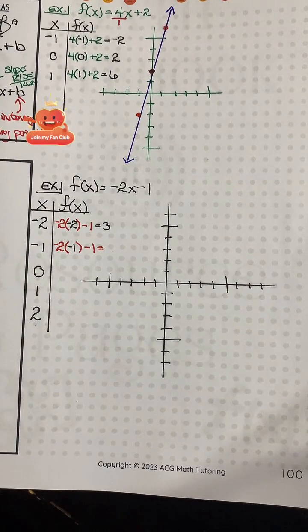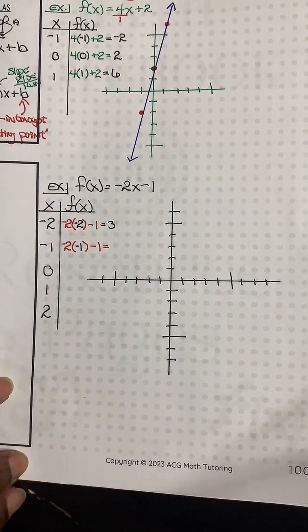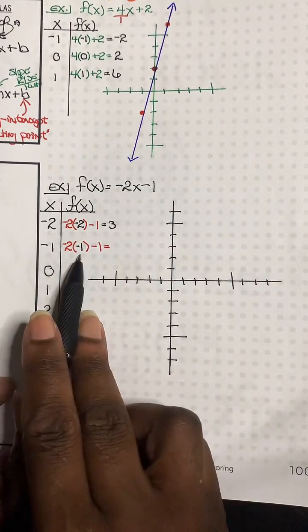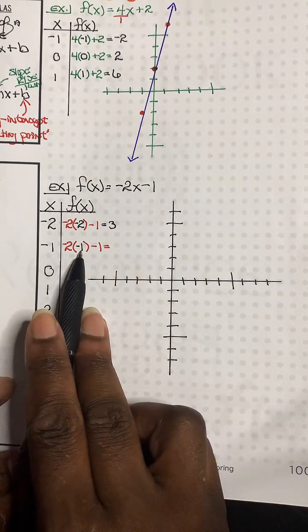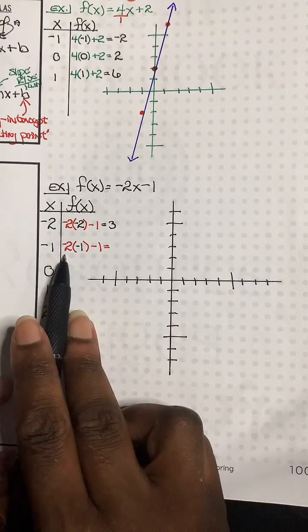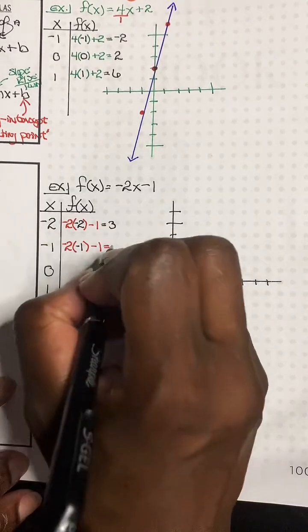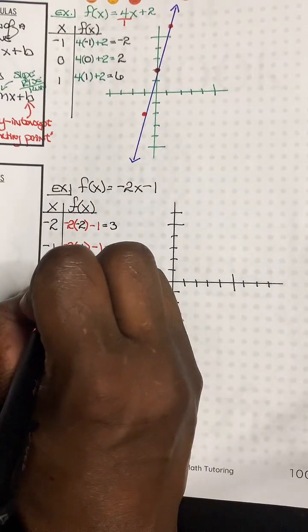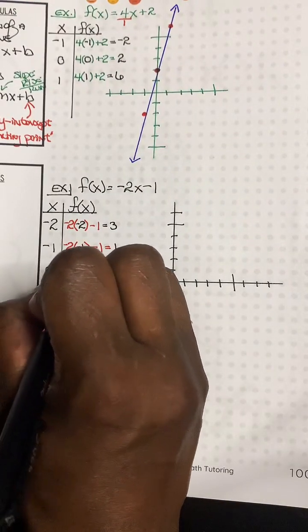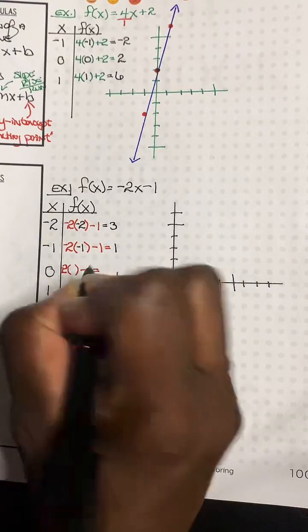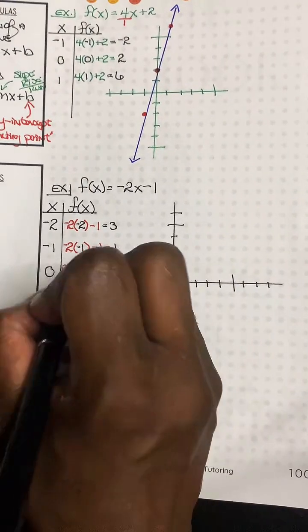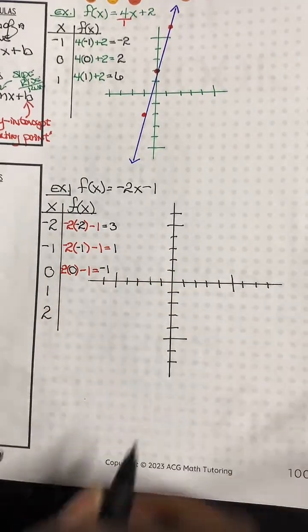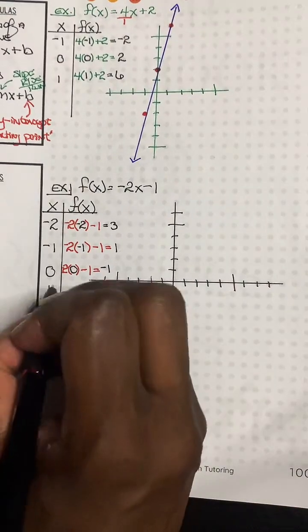Oh, you're home? Okay, hey, Henry. Now if I substitute a -1 for the x, I get -2 times -1, which gives me a positive 2, and 2 minus 1 gives me 1. If I substitute 0 in, we all know that anything times 0 is 0, and 0 minus 1 gives me -1.